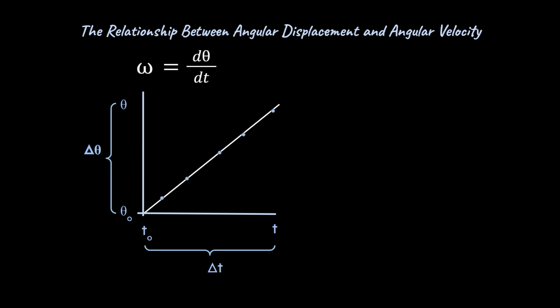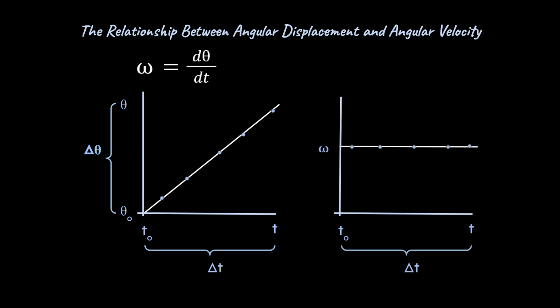And if we were to plot this, for this scenario right here, I want you to think about what we would see if we were to graph omega versus time. So what does this theta versus time graph show for a type of angular speed that we would see? Well, what we would see would be something like this over here. Omega versus time is just constant for this scenario.